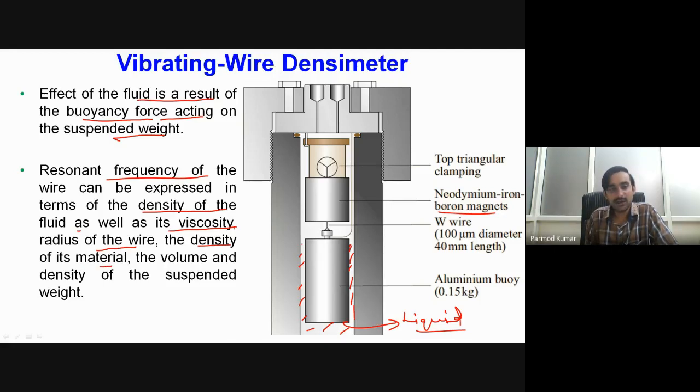Okay, and then the volume and density of the suspended weight. So these are all the parameters which change the vibration characteristics, and these can be related to find out the density. Okay, while we will be discussing the measurement of viscosity, once again there will be these vibrating type of devices, viscometers, for measuring the viscosity also.